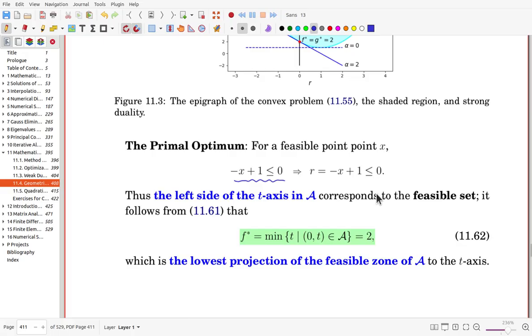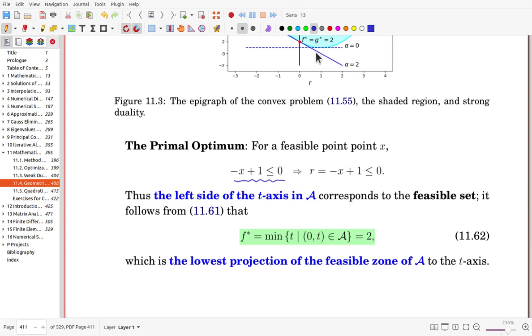Here f star is the minimum over the epigraph. We get the projection from the feasible zone of A, and that is true. So we found here f star equals 2, and in this figure G star is also given.